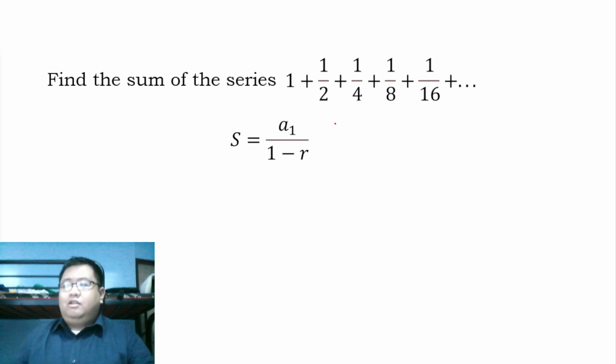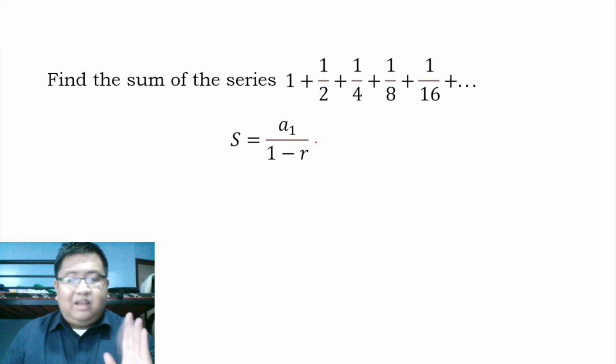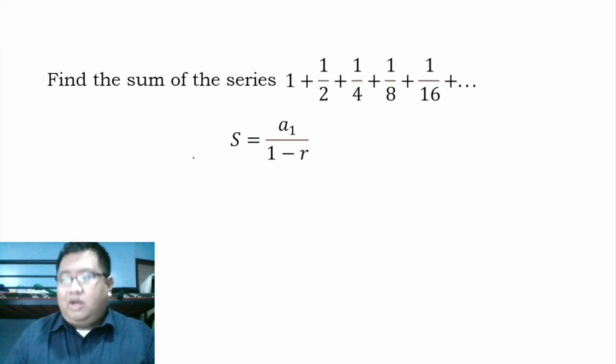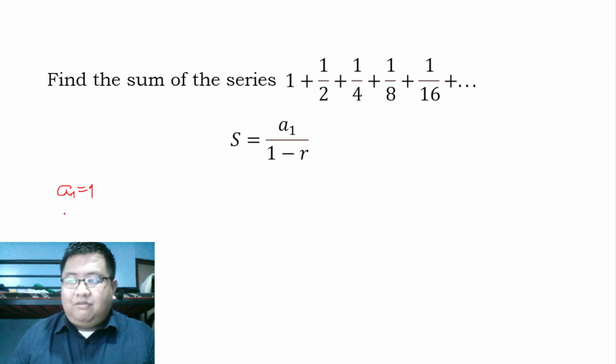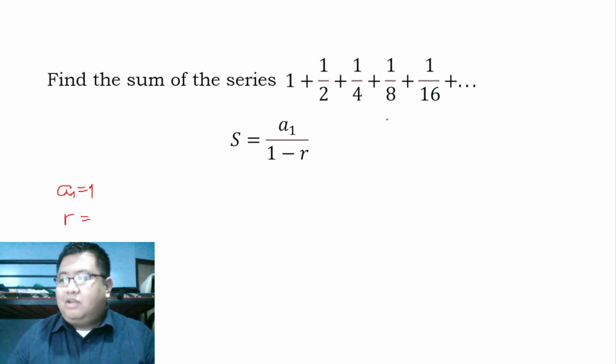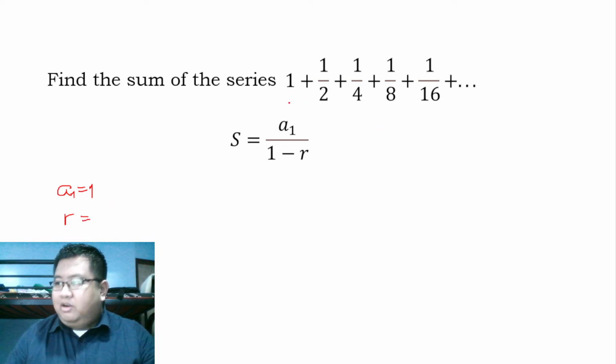So, we're going to identify the values. A sub 1 is equal to the first term here, which is 1. The other variable we have is R. Remember from our inspection earlier, we have 1, then 1 half, then 1 over 2 squared.